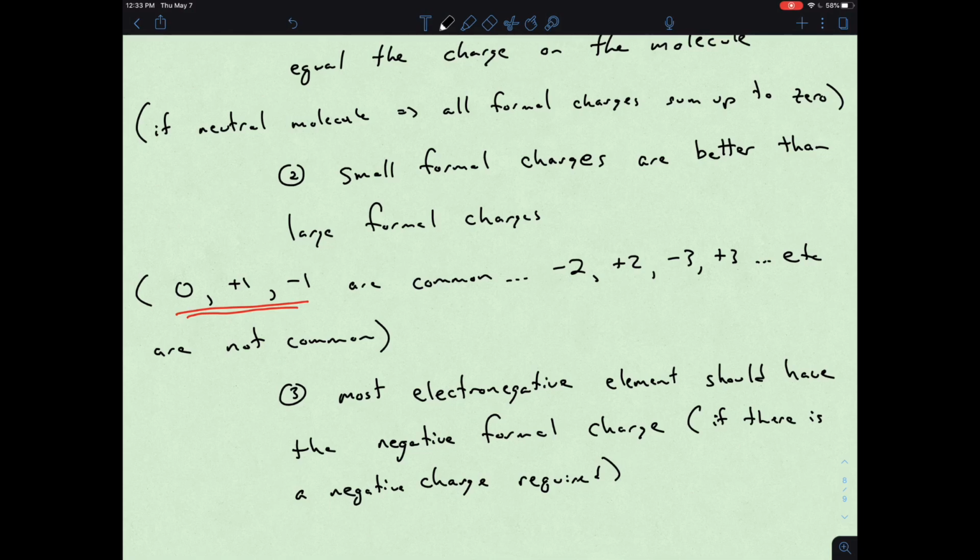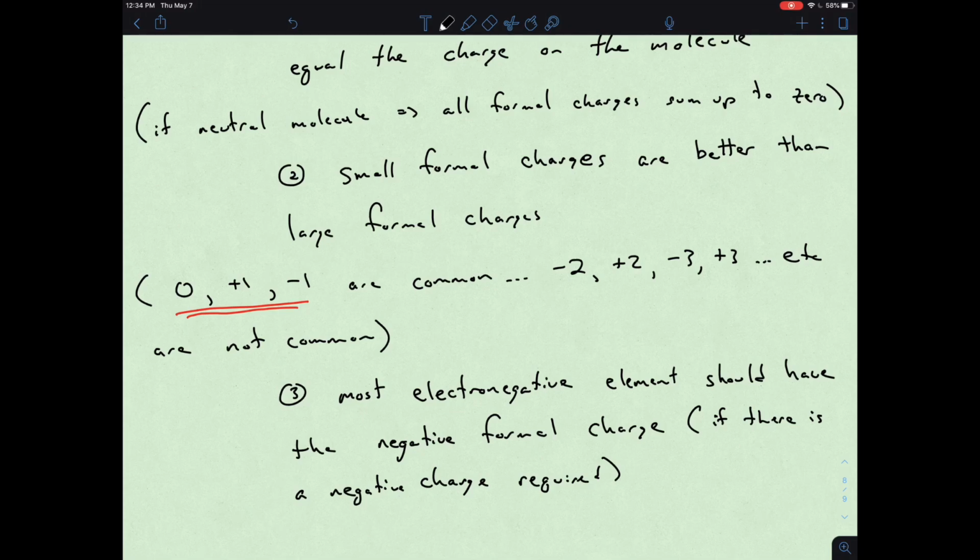If we do have formal charge, well, then we want to have the smallest formal charge possible, meaning technically really just like +1, -1. That's what we tend to see. There are some other examples. There is some gray out there. But for us, if you are finding that elements in your molecules have formal charges like +2, -2, or greater, then there's actually a better structure you can put together with a lower reduced formal charge.